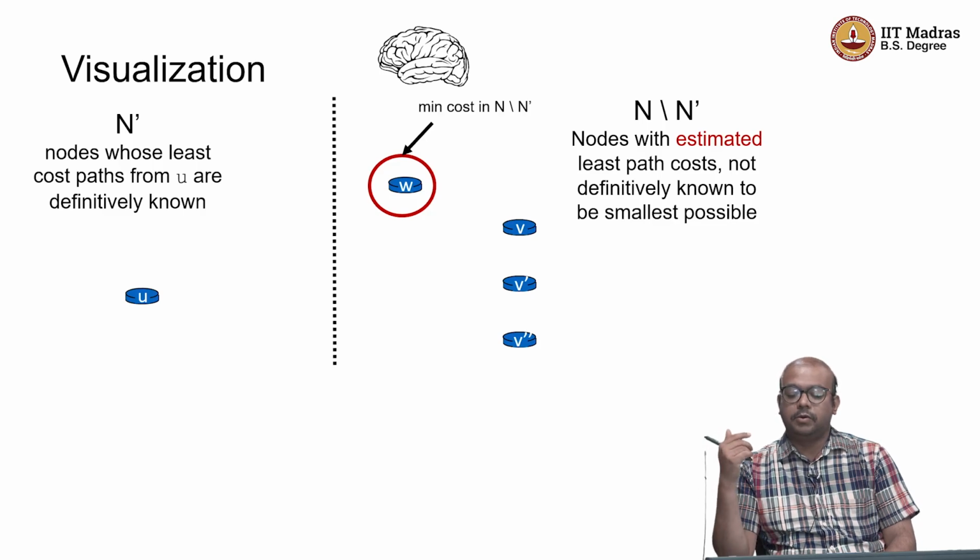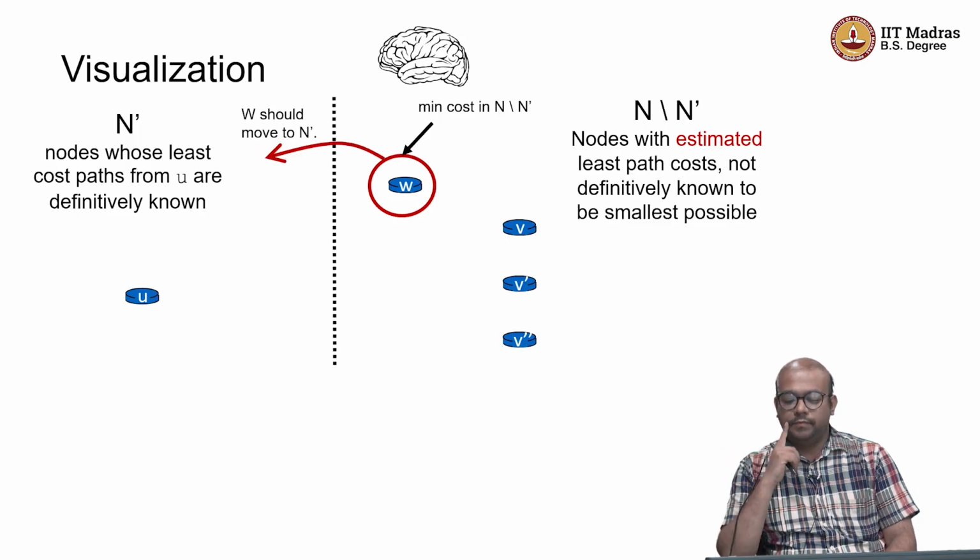So, you cannot go to V prime or V double prime or anything and then come back to W having a cost lesser than dW. Okay. So, minimum cost is basically dW, and you can add W to N prime. Okay. Now, we should move W to N prime.